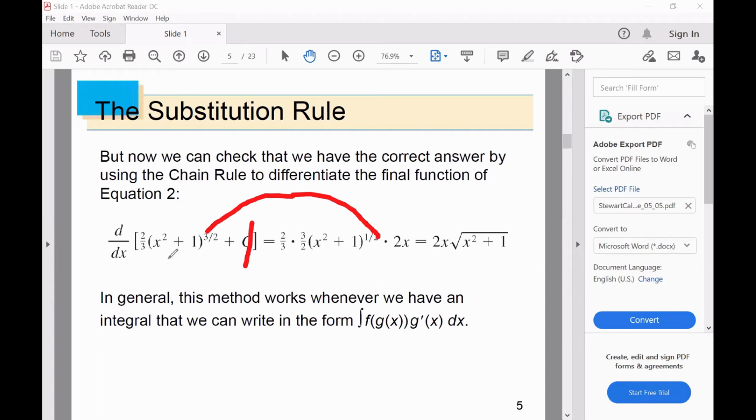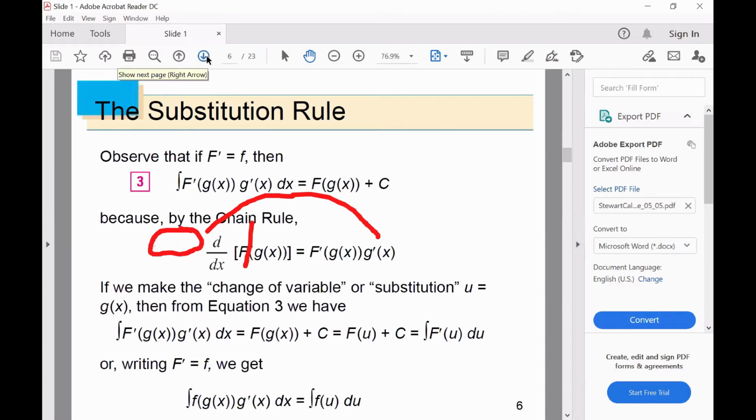The derivative of x squared plus 1 is 2x, because we have a composition: an inside function and an outside function. We have parentheses to the 3 over 2, and its derivative is 3 over 2 times the parentheses to the half, times the derivative of the parentheses. We use the chain rule in order to differentiate this expression, and we obtain the requested result. That's why, obviously, the strategy is true.